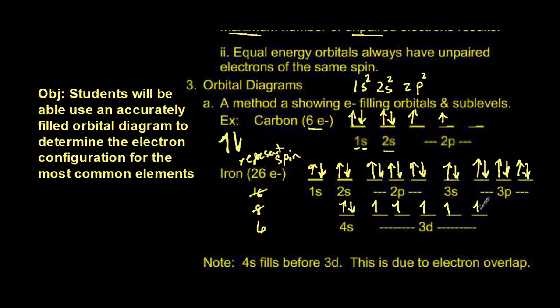These are distributed so that they have the most unpaired, but we're going to have one paired electron, and that goes there. And this would be 1s2, 2s2, 2p6, because there's 6 electrons there.